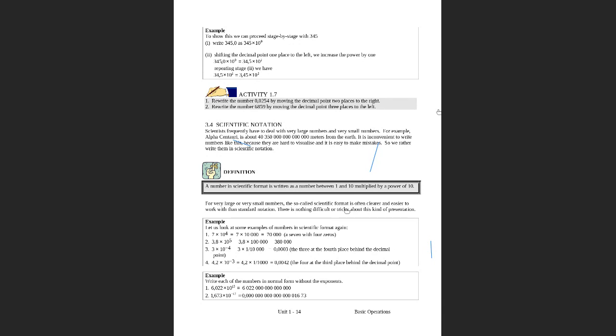Yes, for instance, you have 6, 0, 0, 2, 2, 3, 2, 4, 4, 7, 5, 6, 7. Normally big numbers can't continue like that. It will end somewhere, but you must write all the numbers. So it will be 6.02347.